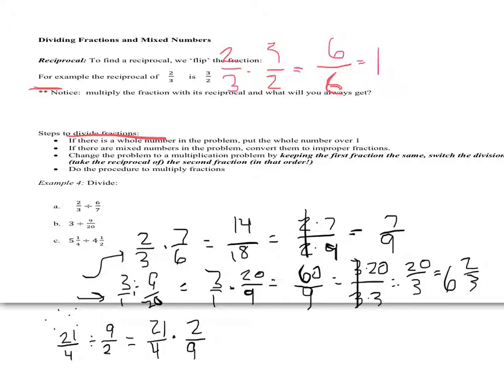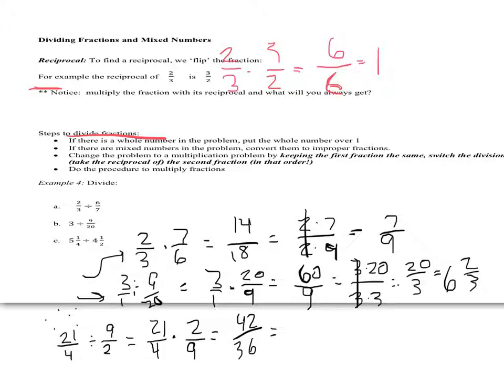21/4 times 2/9. Now we can multiply our fractions using the procedure for multiplication. 21 times 2 is 42 for the new numerator. 4 times 9 is 36 for the new denominator. And now for 42/36, I can definitely recognize that they're both even.